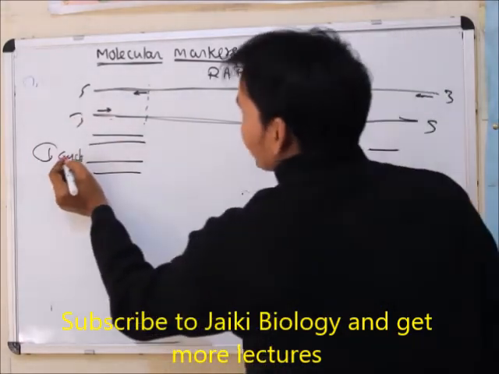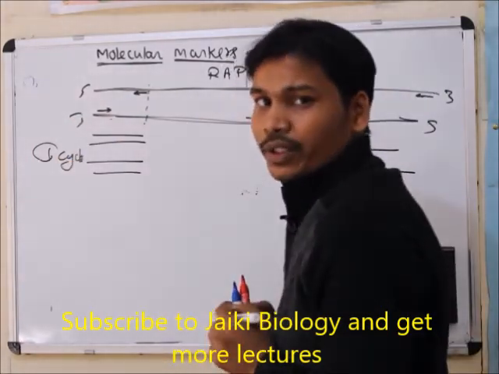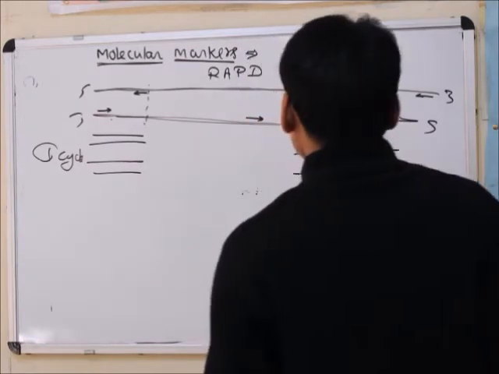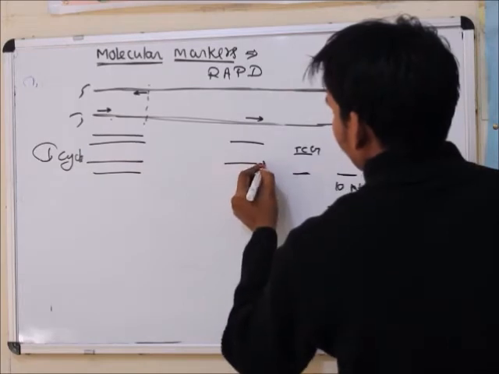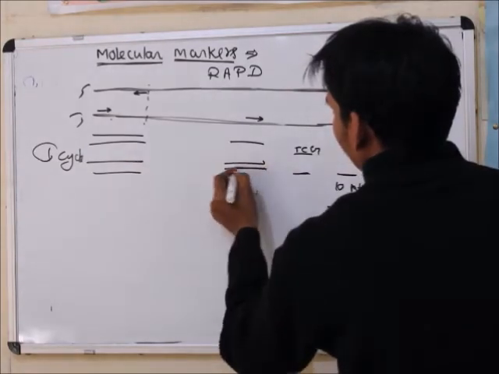So that is one cycle, denaturation, annealing and extension, and that specific position is amplified as double stranded.